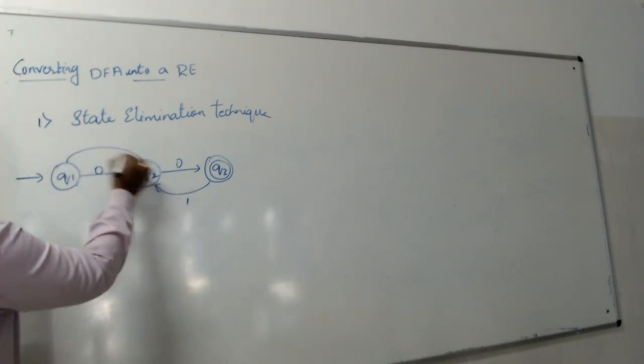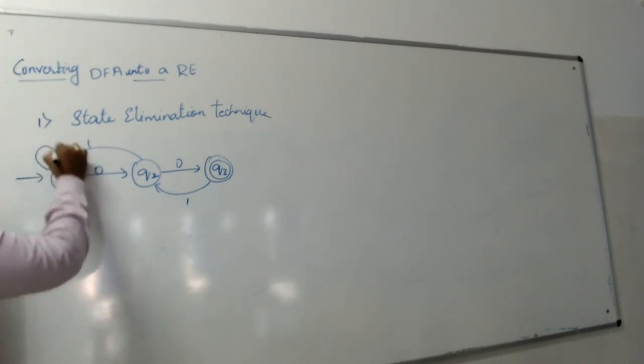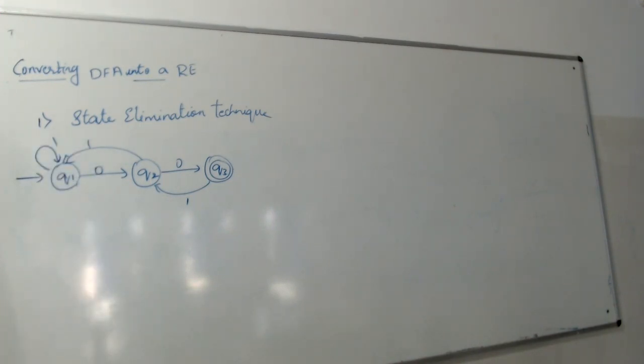Again this is returning back to 1, and here upon 1 it's looping. Yes, this is the given DFA. Try to analyze it now.